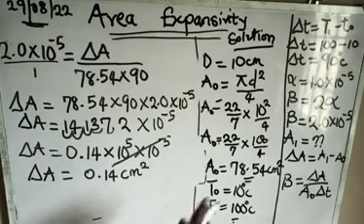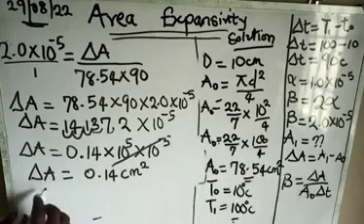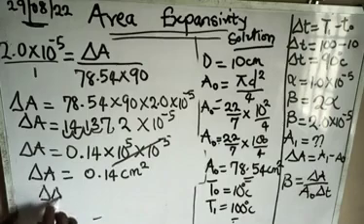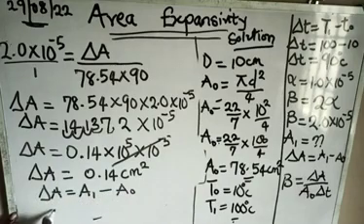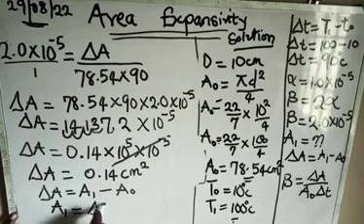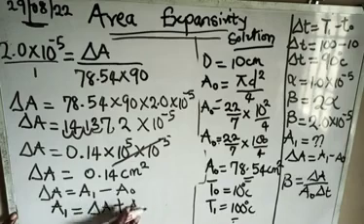We are after the new area, that's our A1. From the formula, change in area is equal to A1 minus A0. Let me transpose this: A1 will then be equal to change in area plus A0.